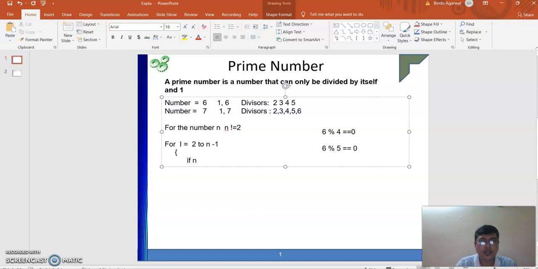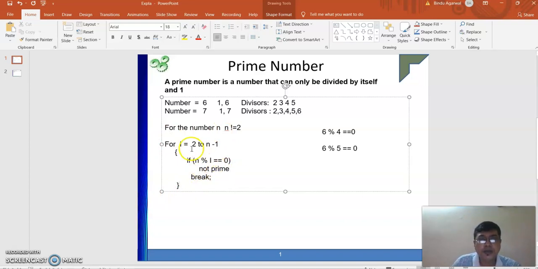Now we can have logic something like this: if n mod i equals 0, that means it is divisible, so it is not a prime number. I can write not prime and simply come out using the break statement. Now how will we know whether the number is prime?